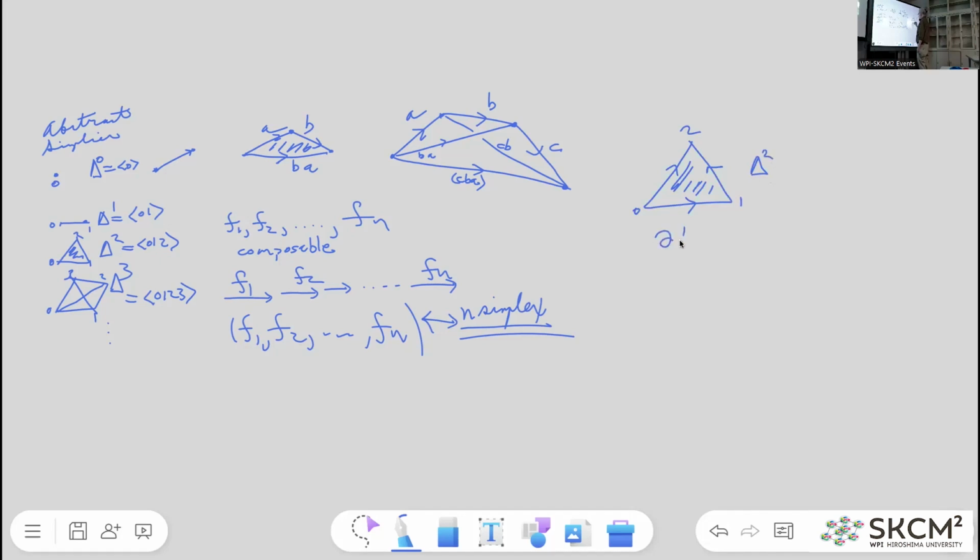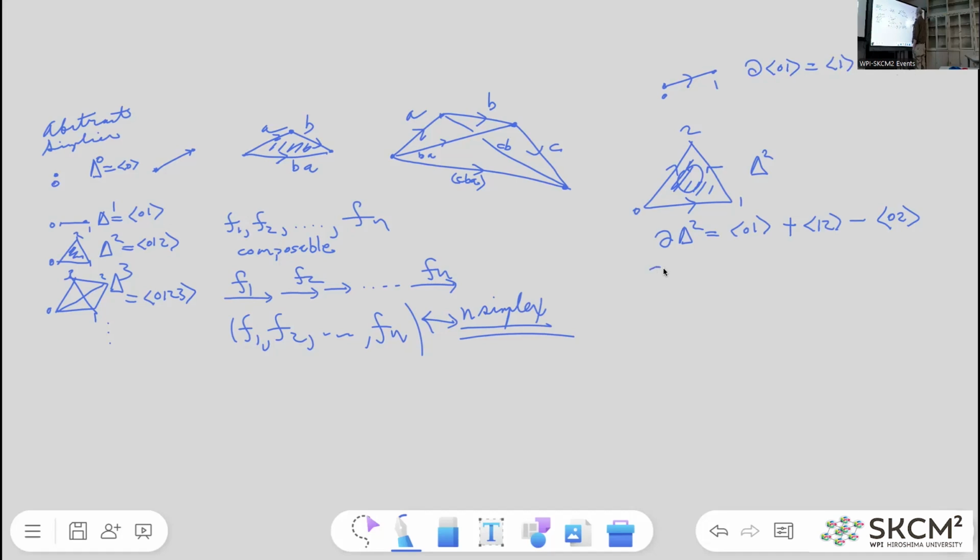Then the boundary of delta 2, I think of as 0, 1 plus the 1, 2 minus the 0, 2, because the boundary ought to go like this, right? This way, that way, and then back this way. And if I have just the simple 0, 1 simplex, then the boundary of the 0, 1 simplex is equal to the 1 minus the 0.